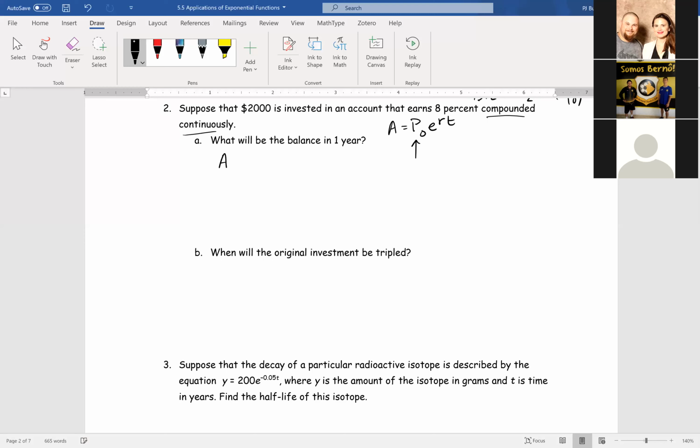So we have that A is equal to 2,000 e, now it says 8%, that's 0.08, and then 1 year. So we'll assume time is in years. And that comes out as this value.